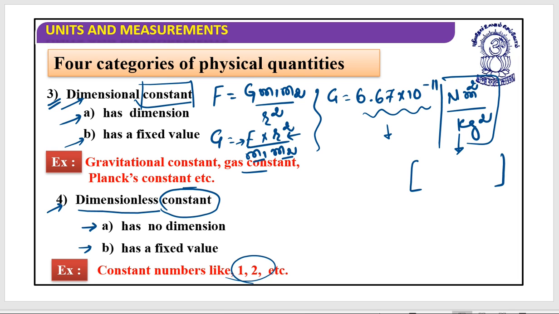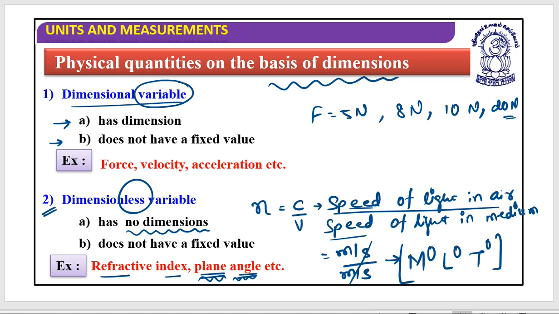So, do you want a revision? Yes. First is the dimensional variable. That means the value changes, but they have dimensions. Another is the dimensionless variable. They are again variable, that means they have a changing value, but they do not possess any dimensions: M0, L0, T0.